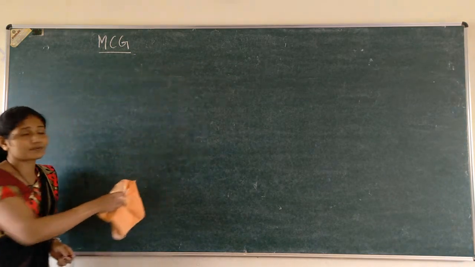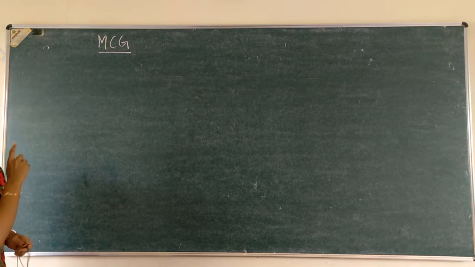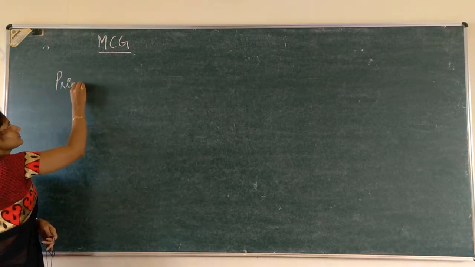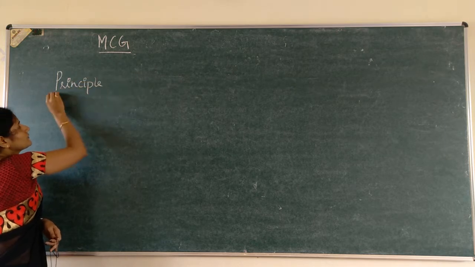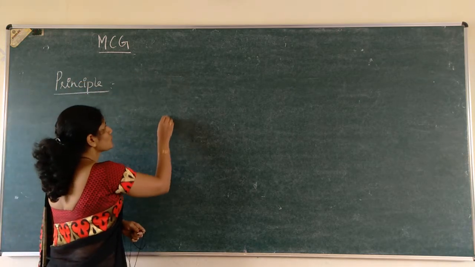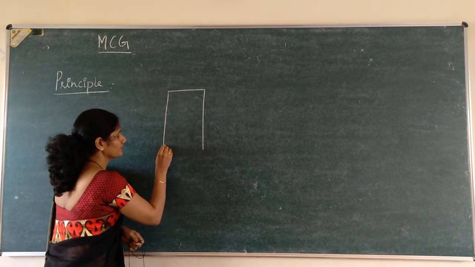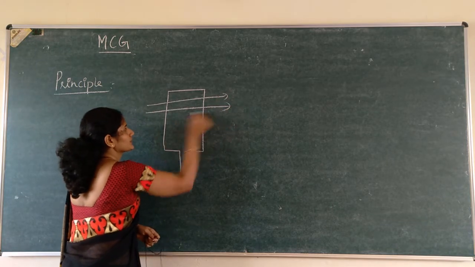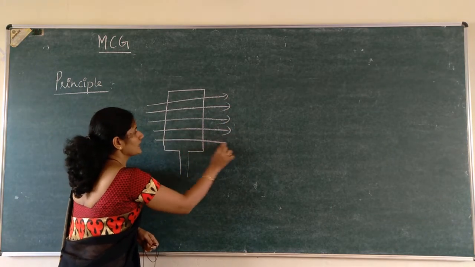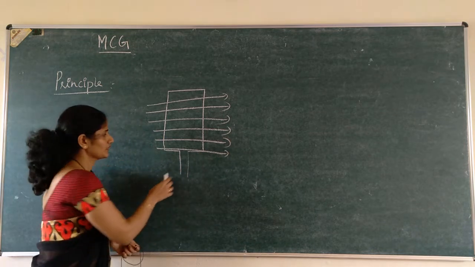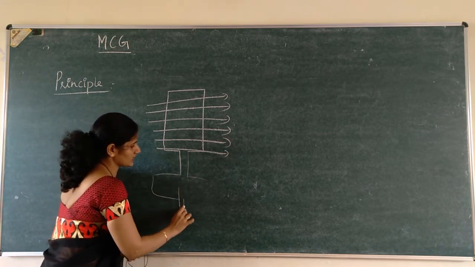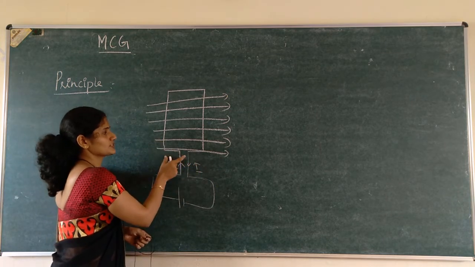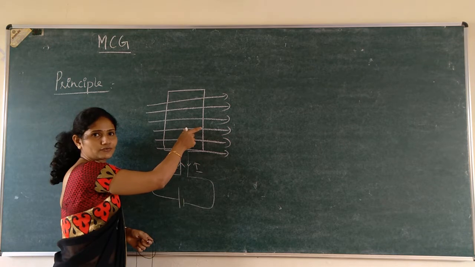Now let us see what is the principle behind this galvanometer or moving coil galvanometer. Principle. We know that in case of a rectangular coil which is placed in the uniform magnetic field, when current flows through the coil, this coil is connected to the external circuit.